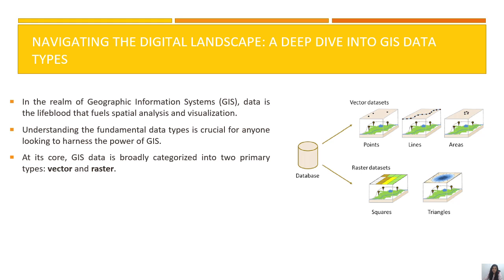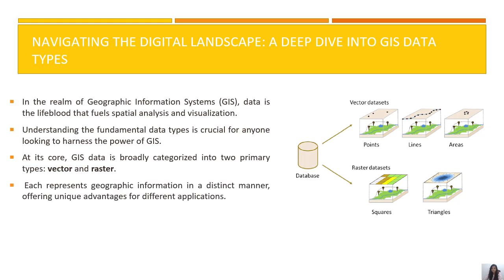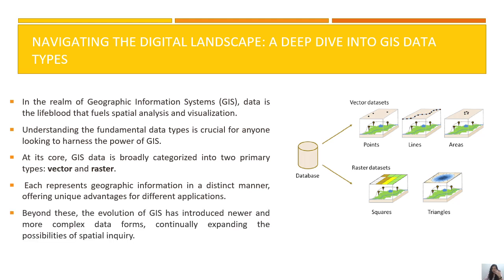GIS data is broadly classified into two primary types, vector and raster. Each represents geometrical information in a very distinct manner, which offers unique advantages for different applications. Beyond this, there are several newer complex data forms which we can briefly cover towards the end.